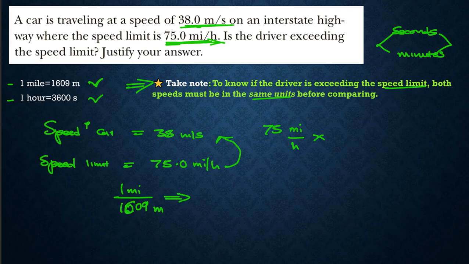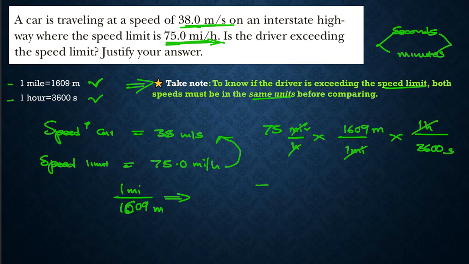Since the miles are on top as the numerator, we need to put it as a denominator, so we have 1 mile on the denominator and 1609 meters on top. The same way, the hours are on the denominator, so we press them on the numerator, just the opposite. So we say 1 hour is equal to 3600 seconds.